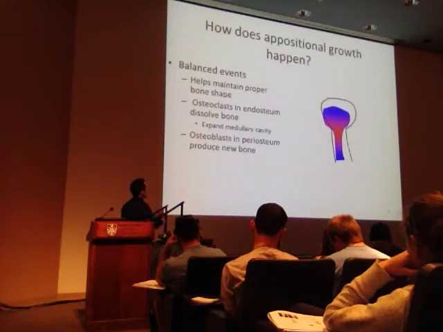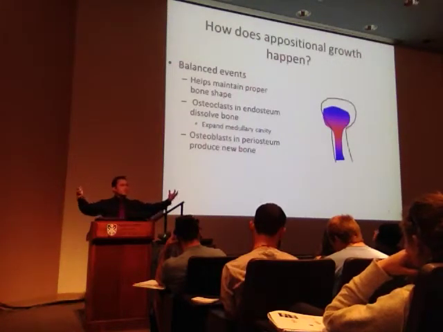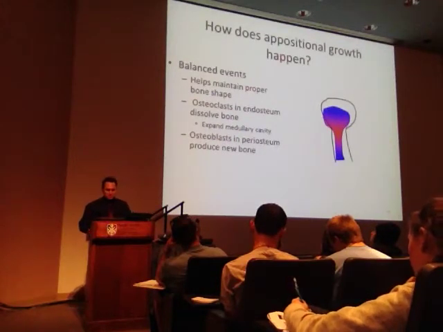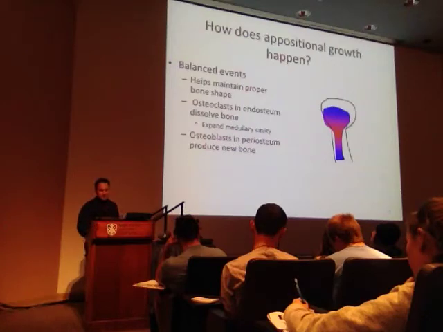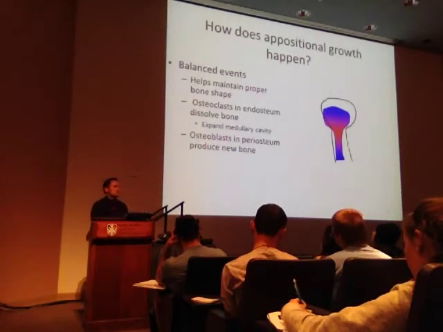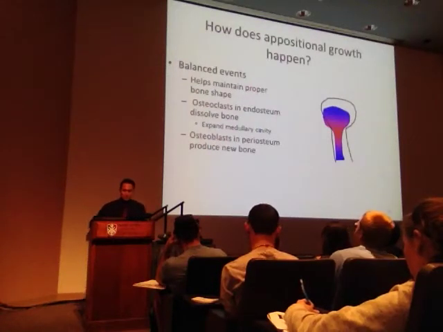The osteoblasts and the periosteum produce new bone, and that helps with our diameter or increase in size. So there is a constant balance between these two events. The balance that takes place is important, and it's very dependent upon the types of stresses that you put on the bone.